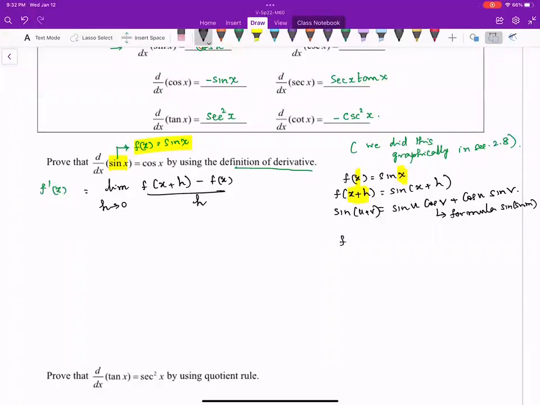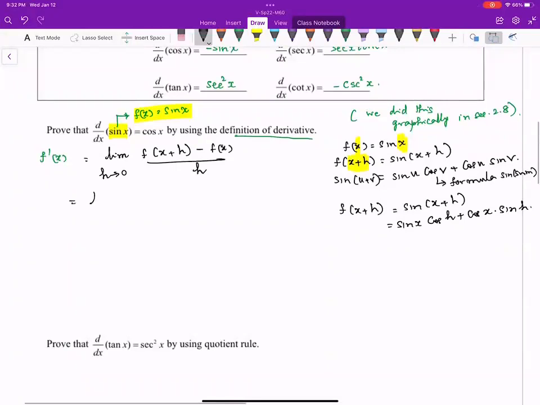Applying that to f of x plus h, which is sine of x plus h, gives sine u cosine v plus cosine u sine v.